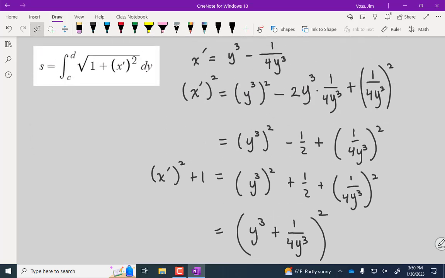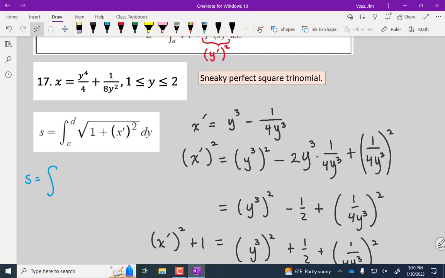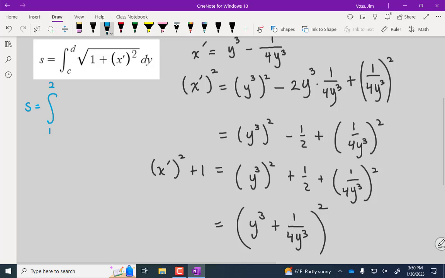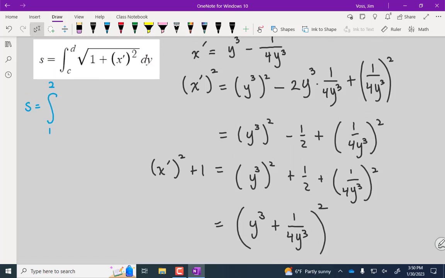So our S will be the integral from 1 to 2. They're giving us our interval. When we take the square root of that, the square and the square root cancel, so we're going to get the integral of y cubed plus, I'm going to write this with a negative exponent because it's easier to integrate. We'll write it like that.